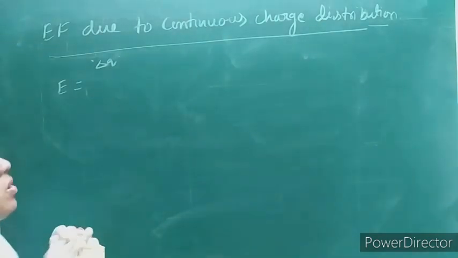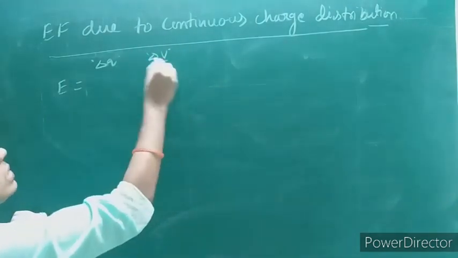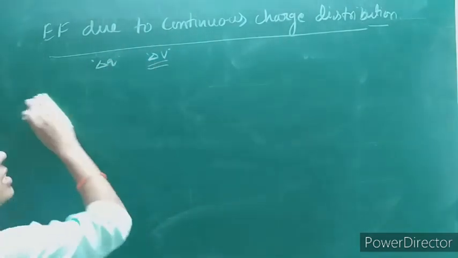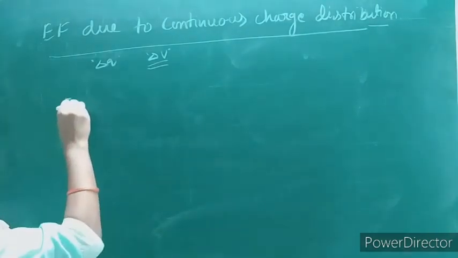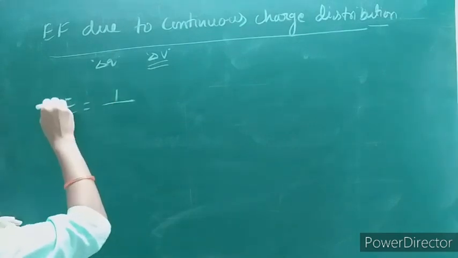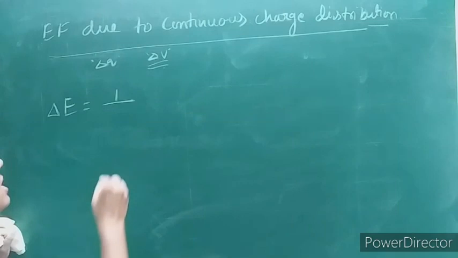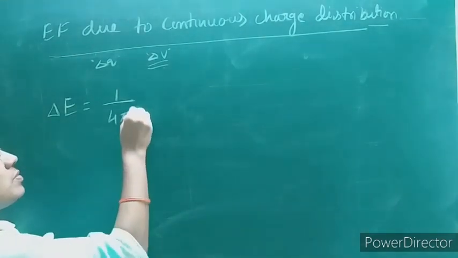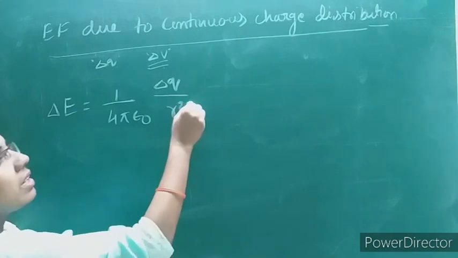Let us consider a small volume element as delta V. Due to the small volume element and the charge in that small volume element as delta Q, what is the electric field? According to Coulomb's law, the electric field due to the small volume element is also small, that is delta E is equal to 1 by 4 pi epsilon naught delta Q by R square.